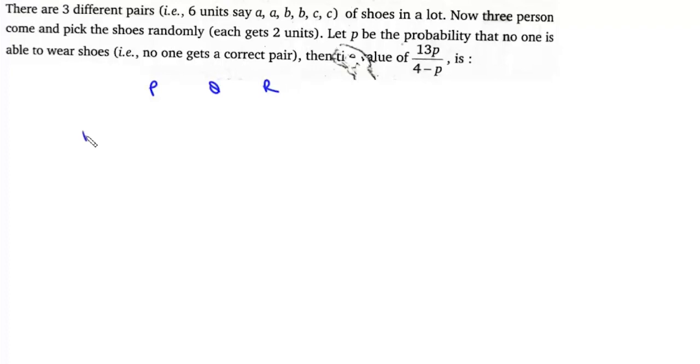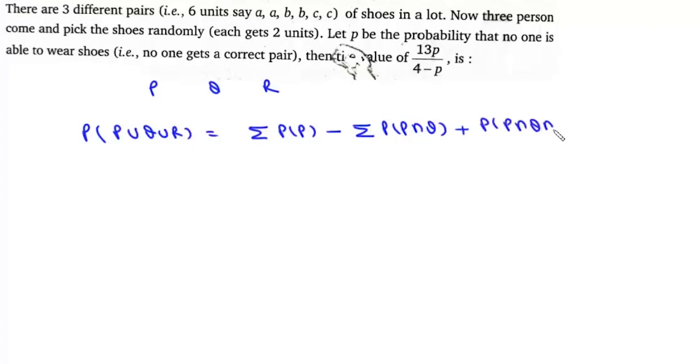So we'll find the probability that at least one of P, Q or R gets a matching pair. So now this is the summation of the probability that one of them gets it, minus the probability that 2 of them get a matching pair, plus the probability that all of them get the matching pair.